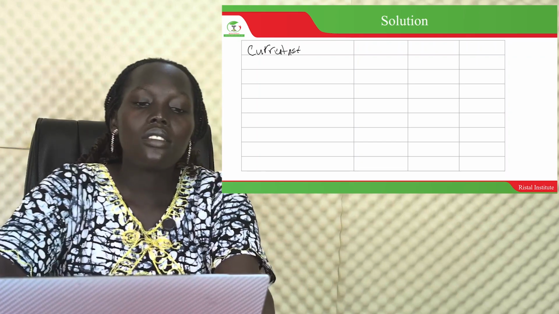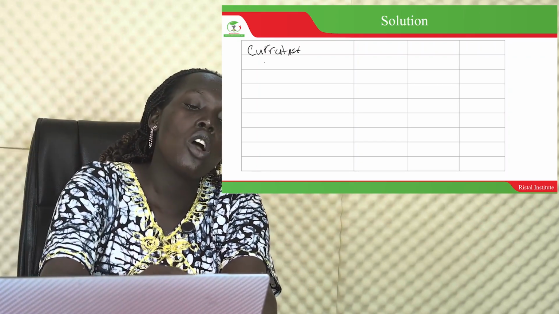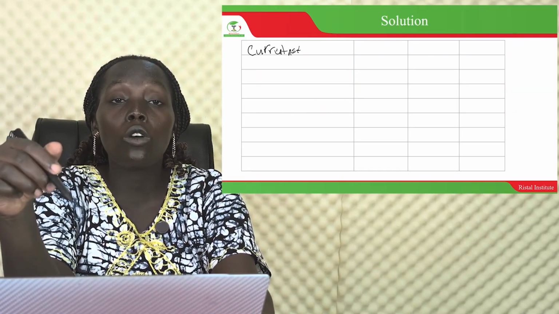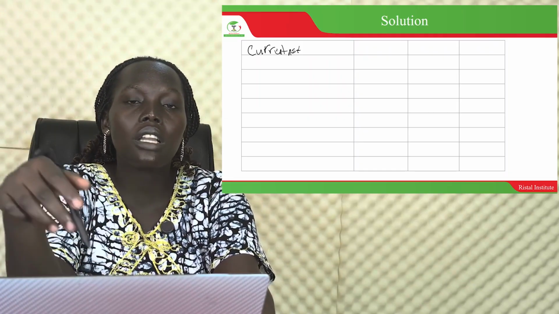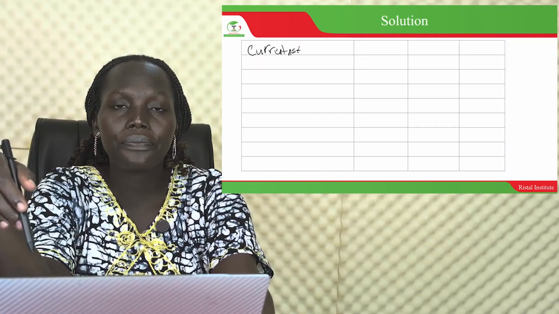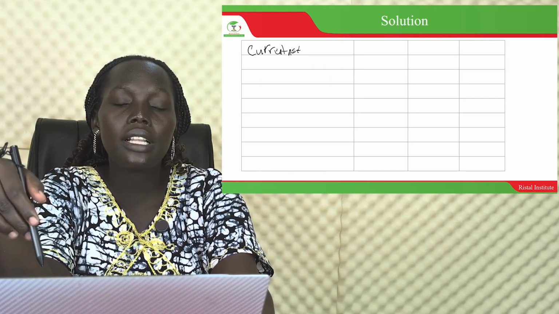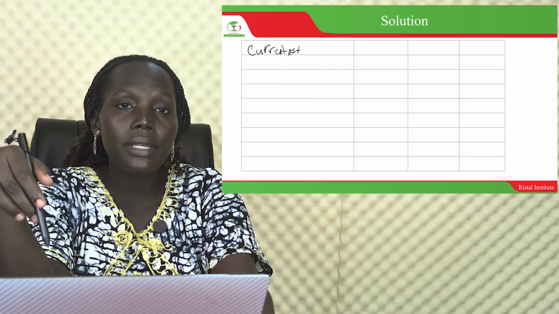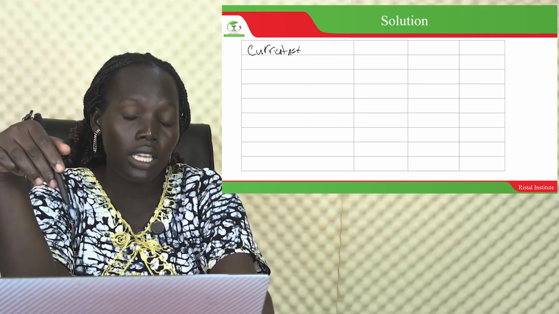So our current assets, we have the stock. When we count the stock here, we take the closing stock. So remember, when you're calculating the balance sheet, you have to follow the order. It means that you start from the stock, and cash should be the last.